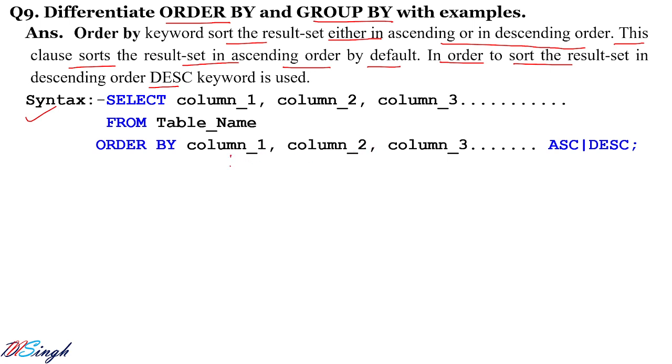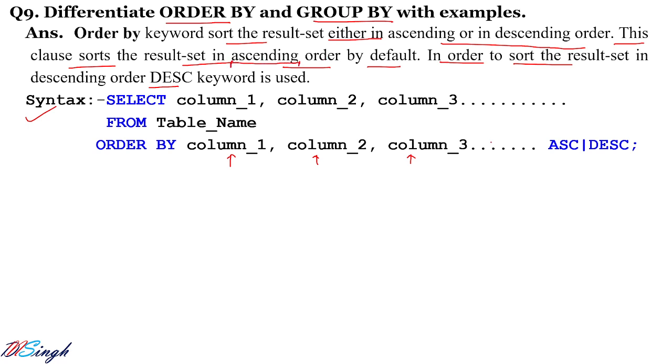First it will order according to column 1. If column 1 has similar values for 2 records, then it will check column 2, and if column 2 also has similar values for both records, then it will check column 3. Like that the hierarchy will go, and by default it orders in ascending order.